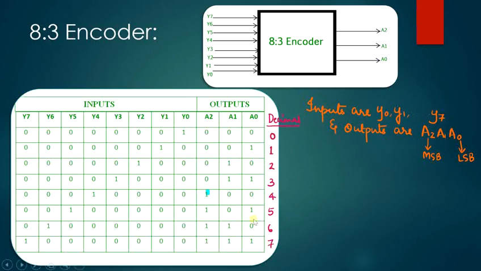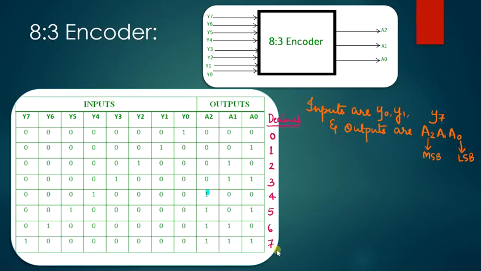Whatever I explained in terms of decimal notation has been expressed here, that is 0, 1, 2, 3, 4, 5, 6 and 7. That is because with 3 binary outputs you can have a combination of 0 to 7.